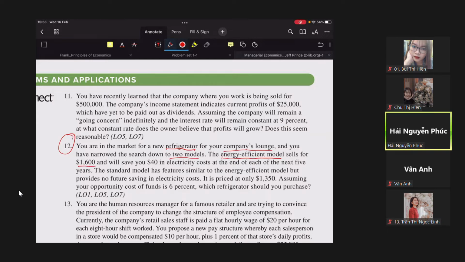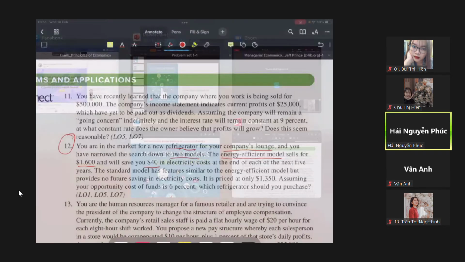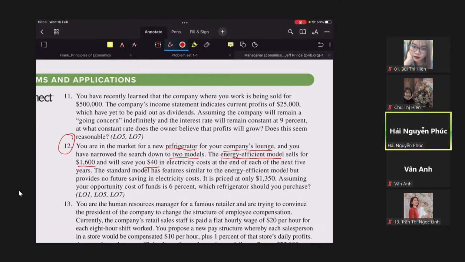The advantage of the energy efficient model is it saves $40 each year in the next 5 years.